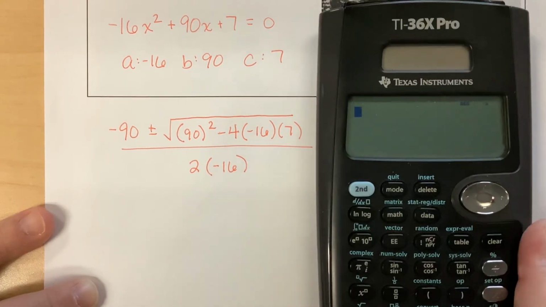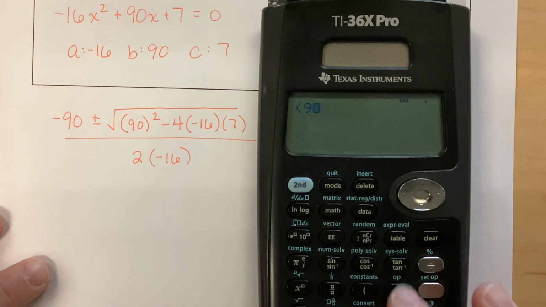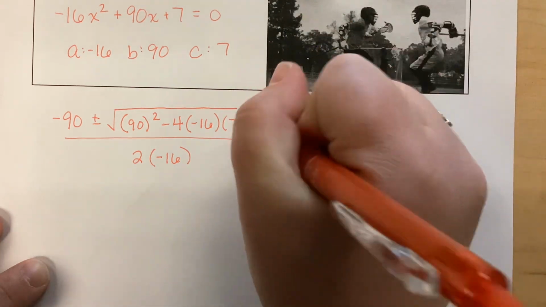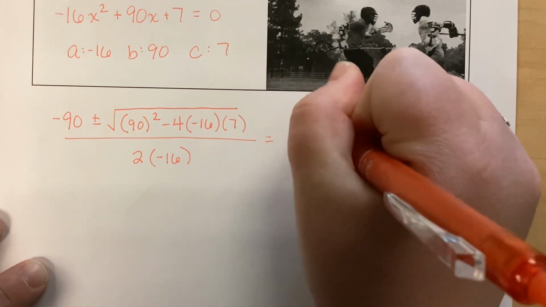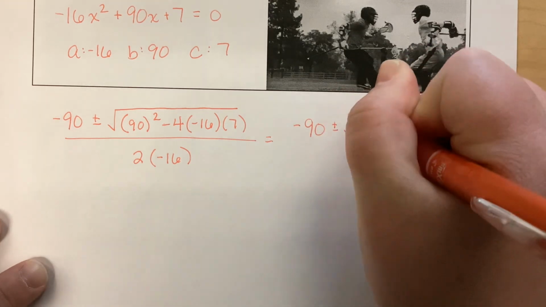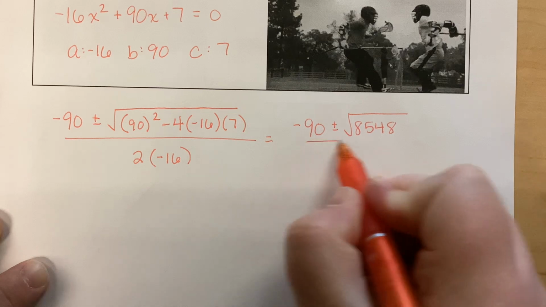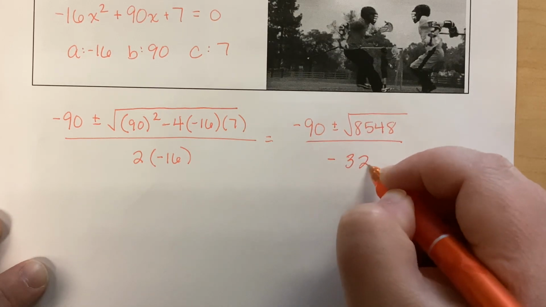All right, here we go. 90 squared minus 4 times negative 16 times 7 is 8,548. So we have negative 90 plus or minus the square root of 8,548 all over negative 32 once again.